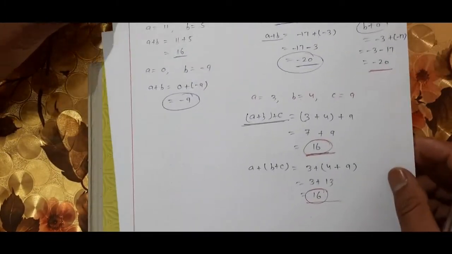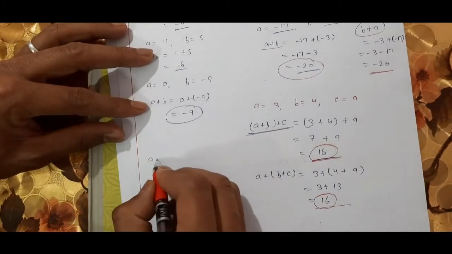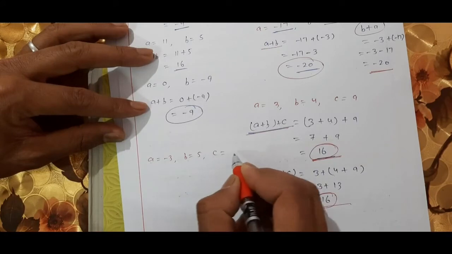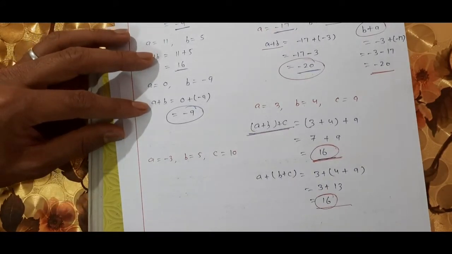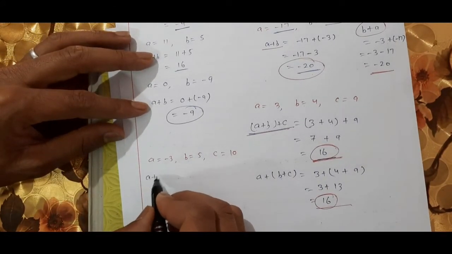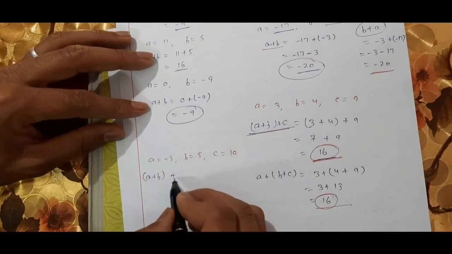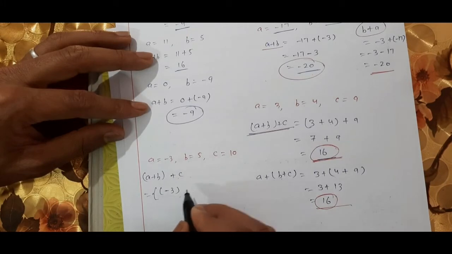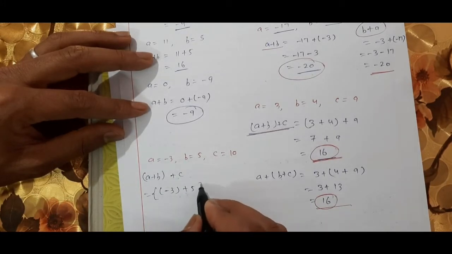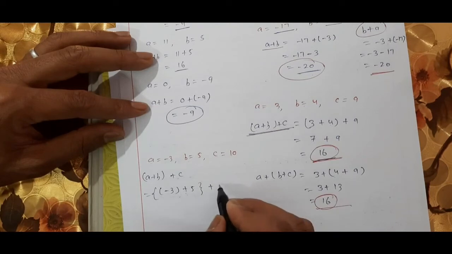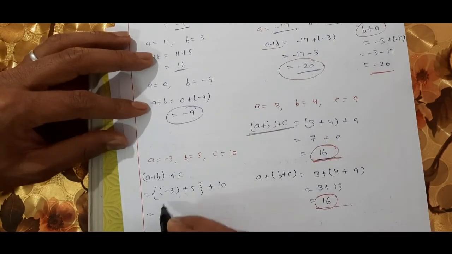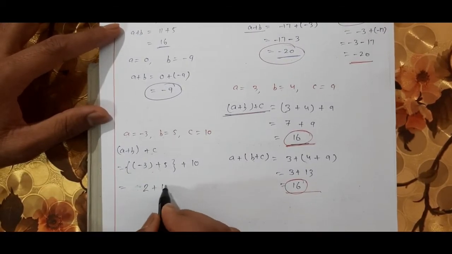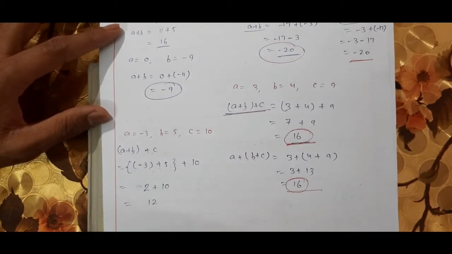For another example, a equals minus 3, b equals 5 and c equals 10. Then (a + b) + c: here a is minus 3 plus b is 5 plus 10. Minus 3 plus 5 is 2, plus 10 equals 12.